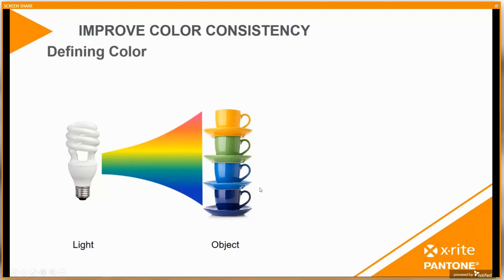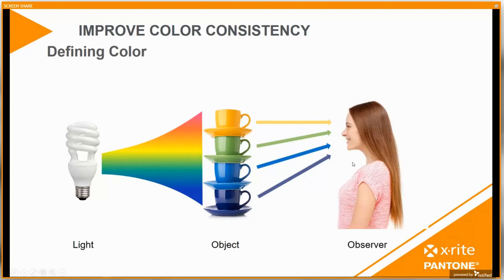After they've interacted with the light, they project or emit the color that we see, and that involves us, the third part of the system, the observer. There has to be somebody there looking at it for color to occur. All three of these things together make up color, and they're important because when we do visual assessment, any change to any of them can produce a different color. So let's look at that a little bit.